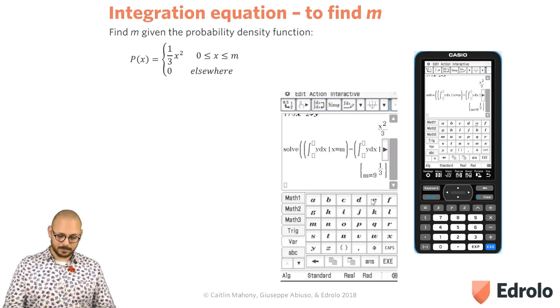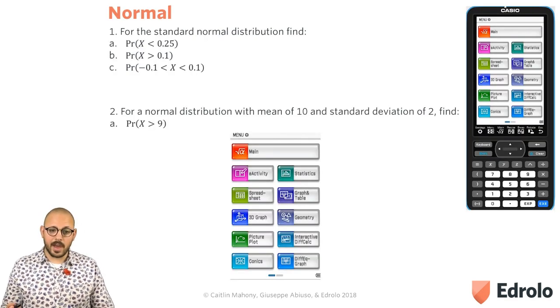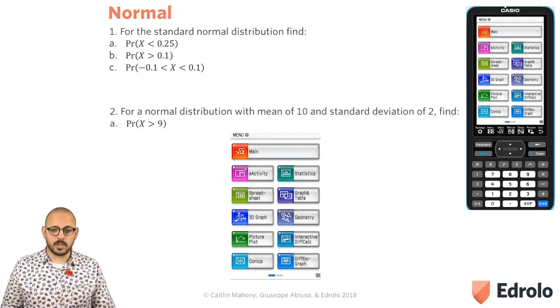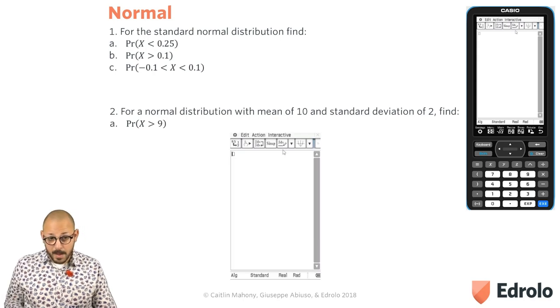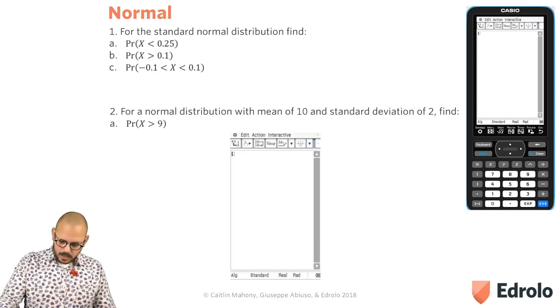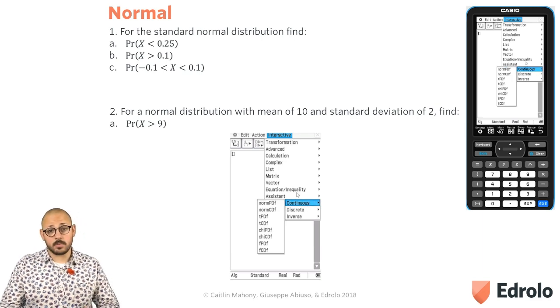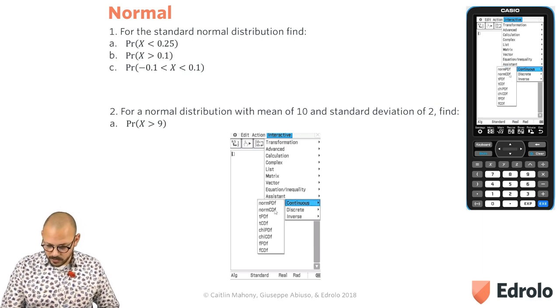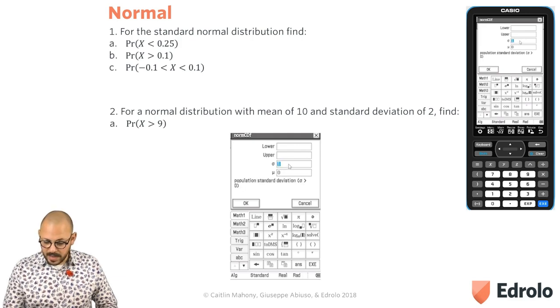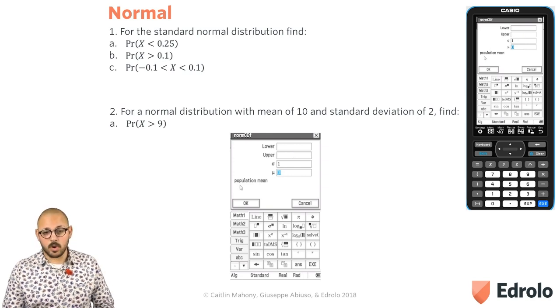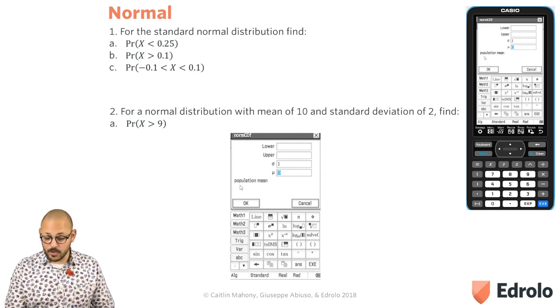And that's your answer. So here we're going to work with the Casio calculator to find some probabilities from the normal distribution. We're going to go to our main screen for this. And we go interactive, distribution, continuous, because the normal distribution is continuous. And norm CDF. The standard deviation of 1 and the mean of 0 that it automatically gives us means that the standard normal distribution data, which is what we need to be working with from question 1, is already filled in.